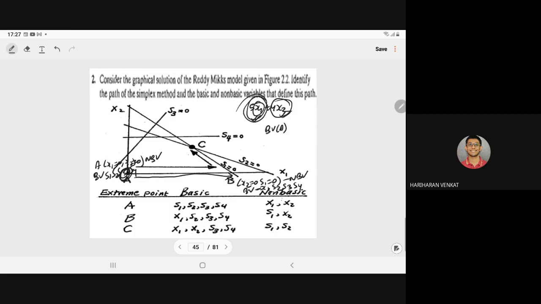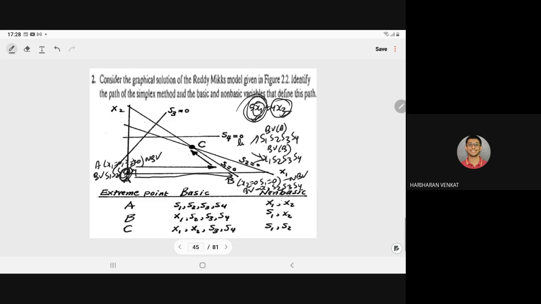So here you can observe from the pool: at point A, the basic variables are s1, s2, s3, s4, and in the pool at point B, the basic variables are x1, s2, s3, s4. It means x1 is the entering variable, and s1 is the leaving variable, right?